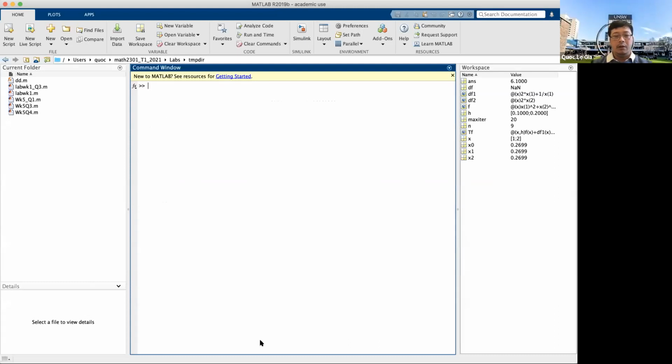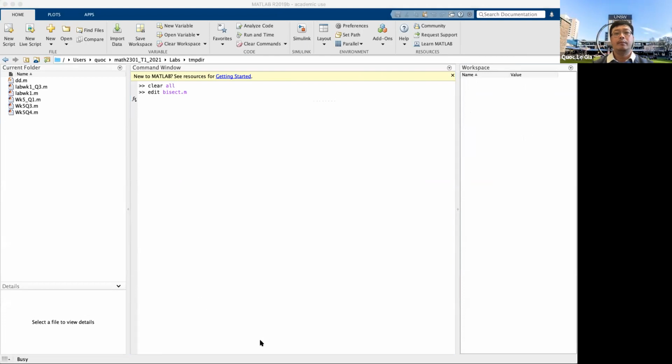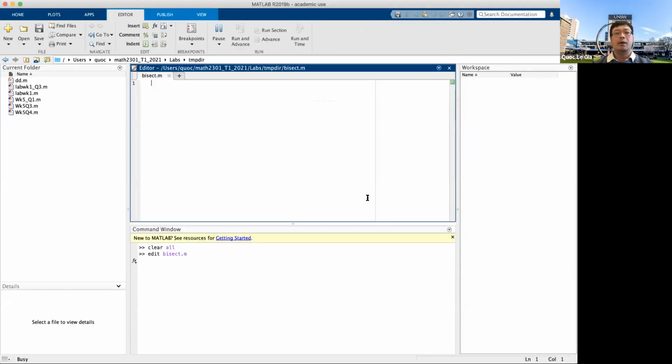Let me clear everything. Okay, so now we edit a new function called bisection. bisect.m doesn't exist, so I can write here. So bisection is a function.